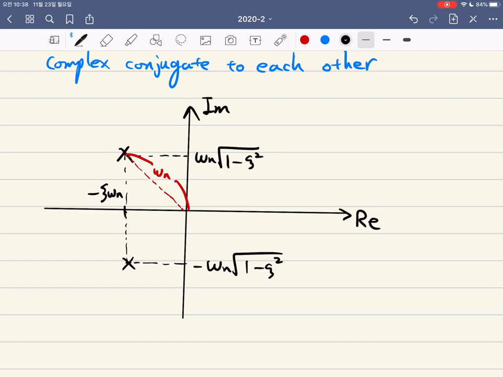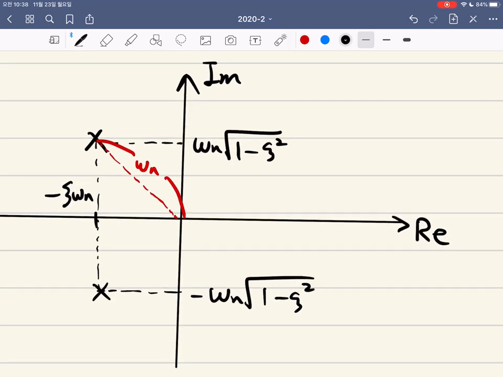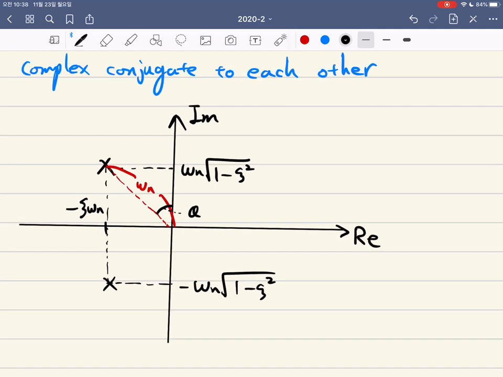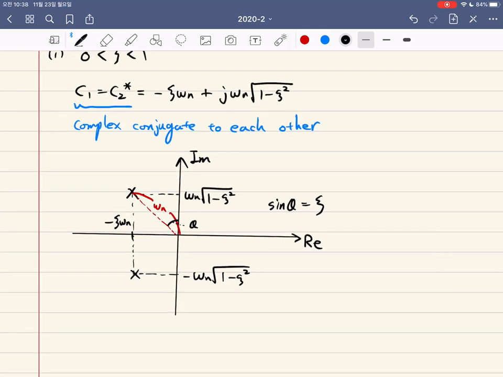And also, if you set this angle as theta, then sine theta will be zeta, because this is omega n, and this right here will be zeta times omega n.